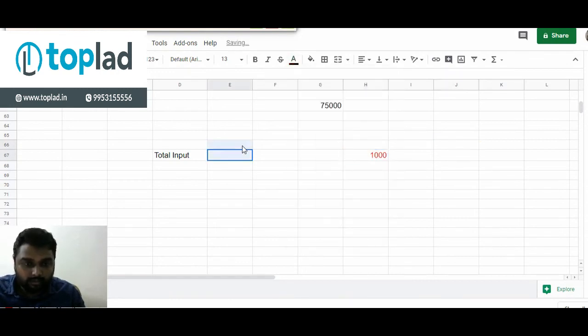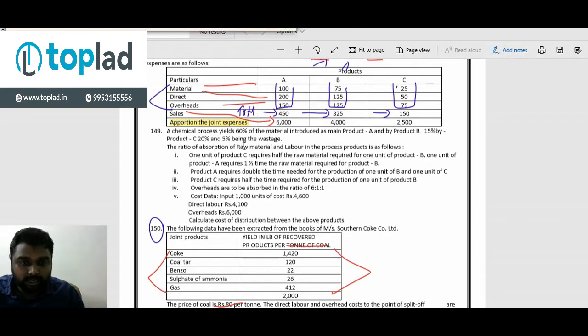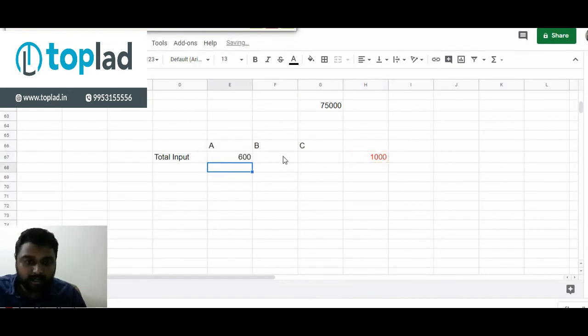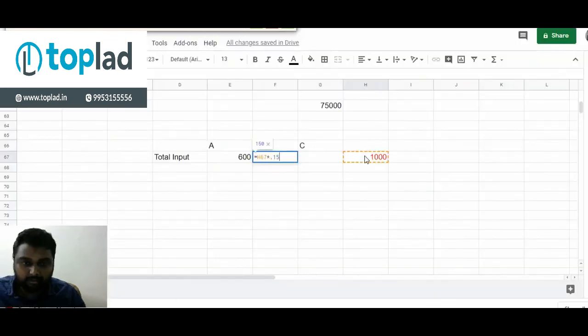We have 3 products, A, B, C. What is the percentage of A? 60% is for A, so 1000 times 0.6 gives 600 units of A. For B it comes to 15%, then C comes to 20%.